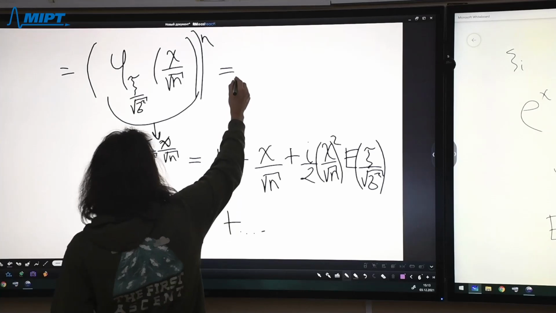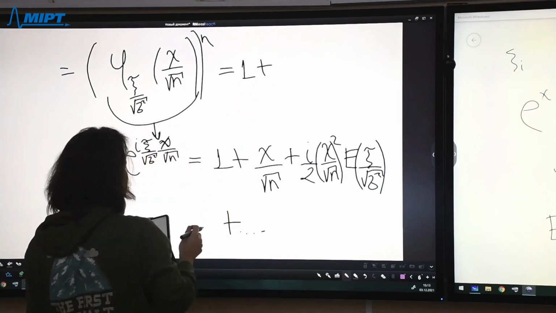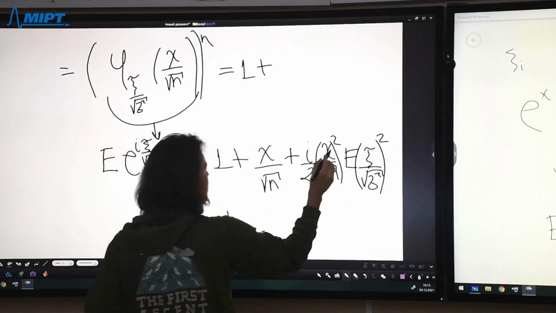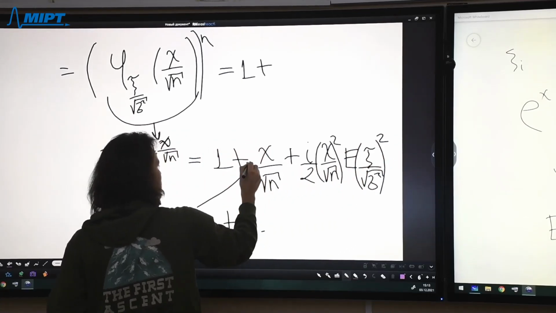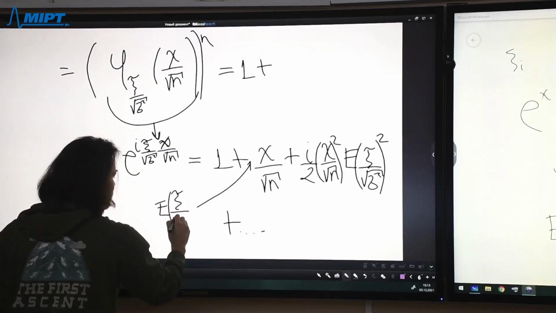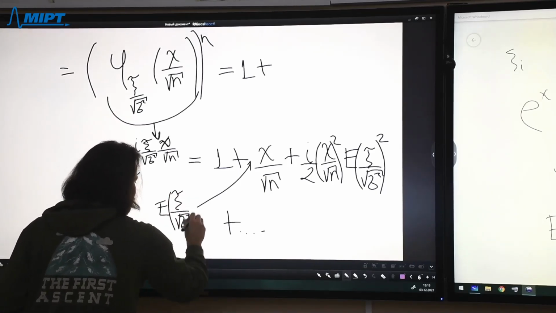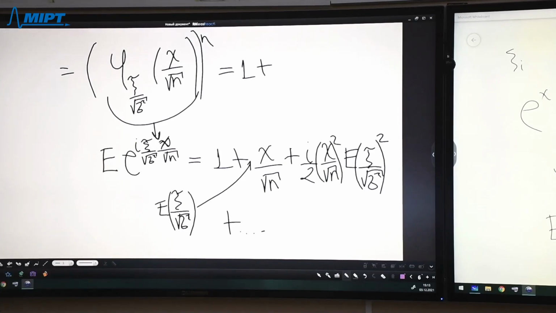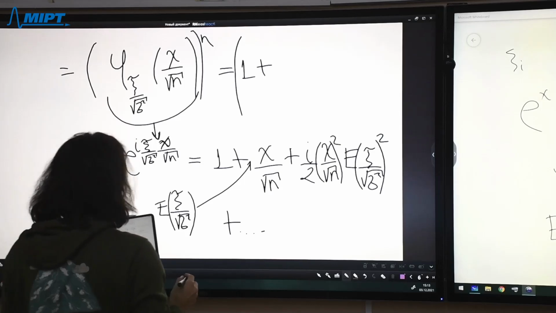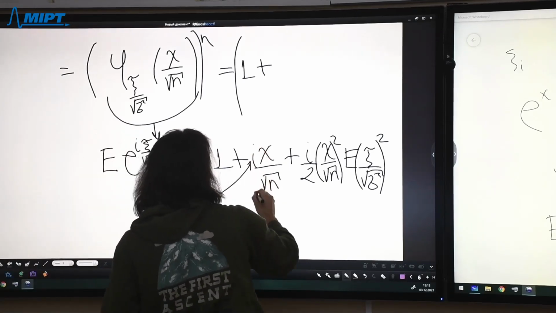We get 1 plus. So here we have this square, and here we have the expected value of psi overline over the square root of sigma squared. Now this is 1 plus, and here is missing I, by the way, also.